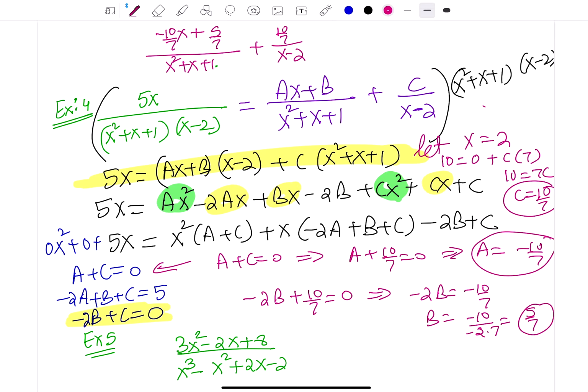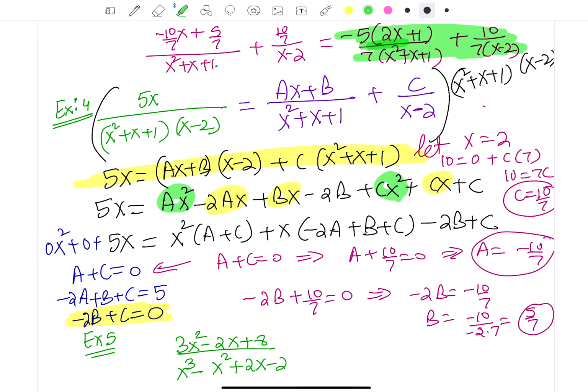We can simplify it a little bit and pull out a negative 5. So that can be written as negative 5 times (2x plus 1) over 7 times (x squared plus x plus 1), plus 10 over 7 times (x minus 2). So these are the two fractions that were added or subtracted to obtain this fraction.